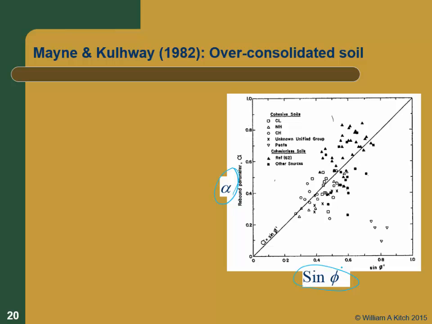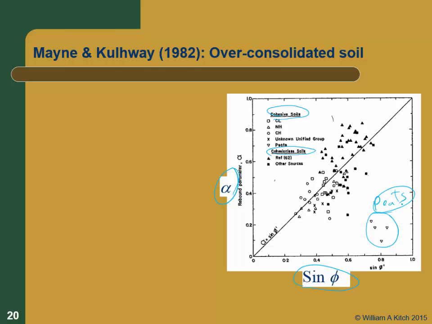Again, this is the same thing. Cohesive soils are open, and cohesionless soils are closed. And there's clearly some things that don't fit it well. These are all peats, by the way. So we know peats have a very unusual structure. It's highly organic.